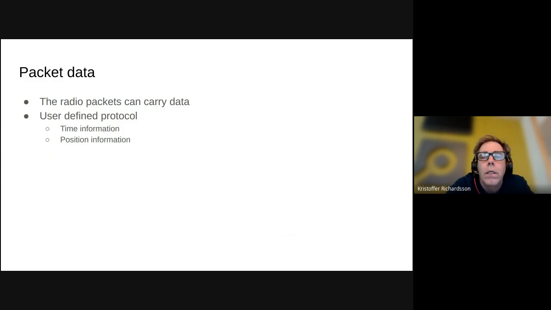And ultra wideband is radio, so we can measure when the packets arrive, but it's also possible to put data into the packets. So this means that when we send a packet, we can not only know when it arrives, but we can also transfer useful information in the packet.